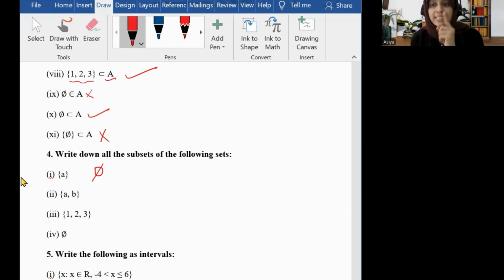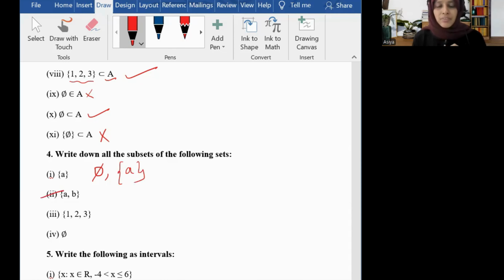Also, every set is a subset of itself. So these two sets will be mandatory apart from the individual elements. As it is just a singleton set, containing just one element, phi is a subset of every set. And yes, every set is a subset of itself.